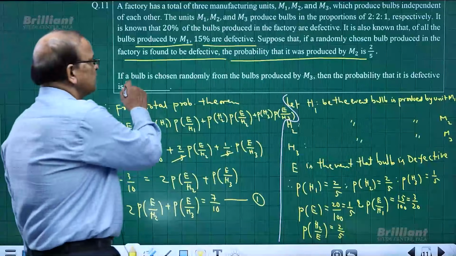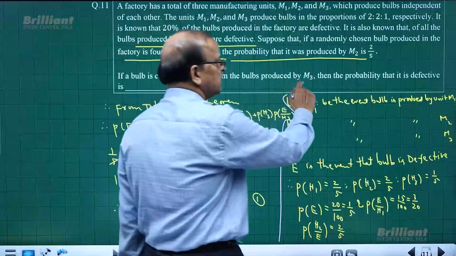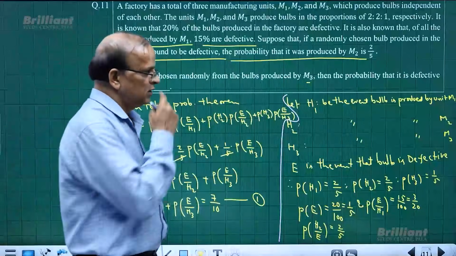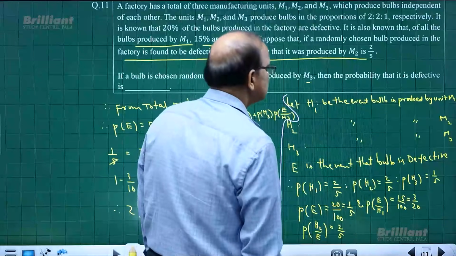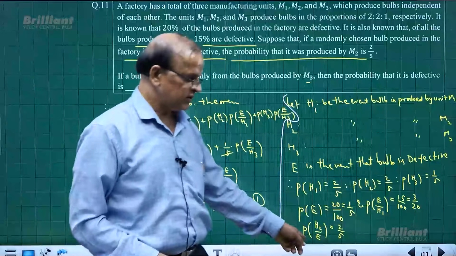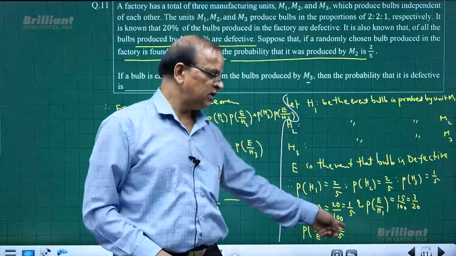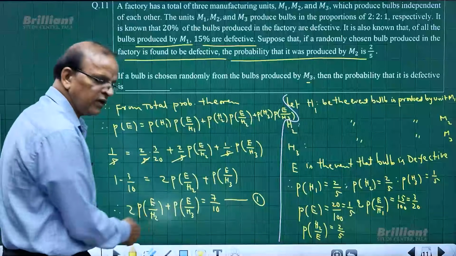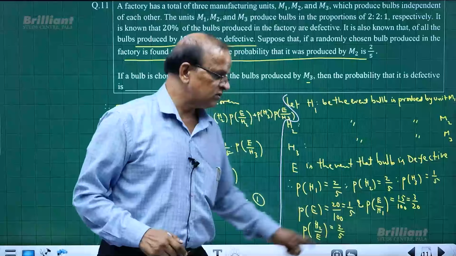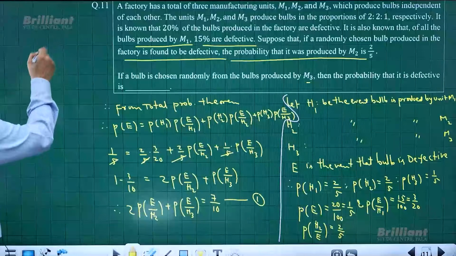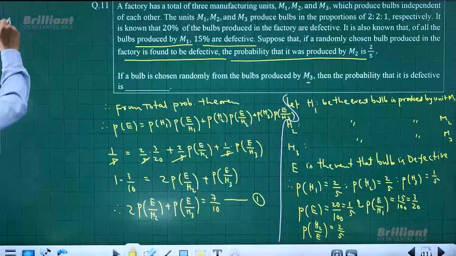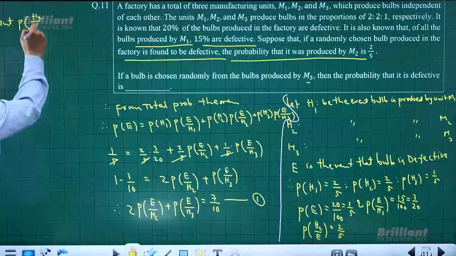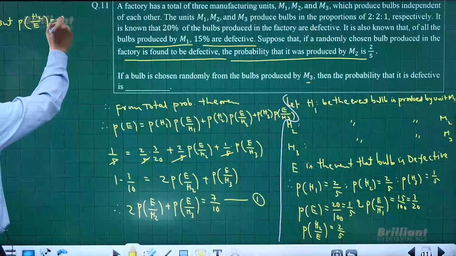But what is being asked? A bulb is chosen at random from the bulbs produced by M3. Probability of E by H3 we want. So for this, one more condition is given: probability of H2 by E is 2 by 5. If E by H2 is known, we can find E by H3 using this equation. P of H2 by E is 2 by 5.